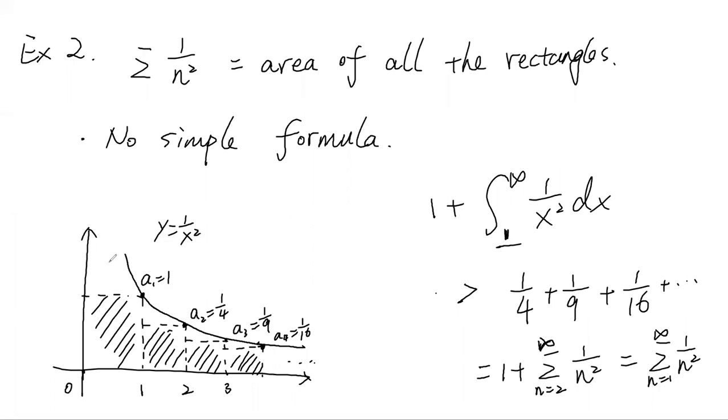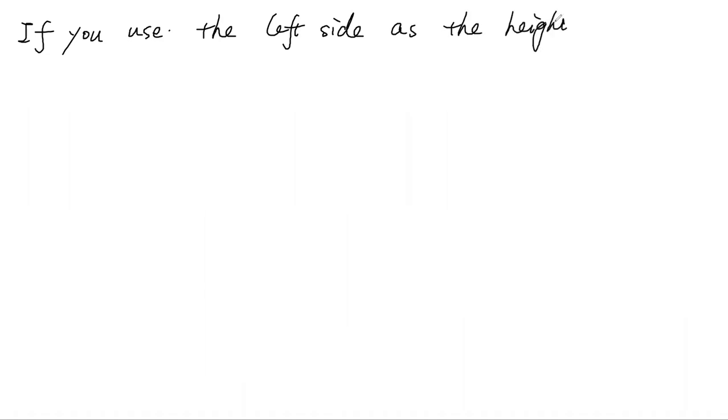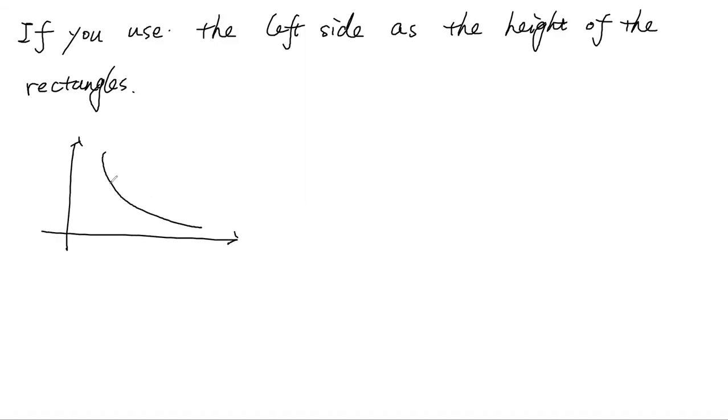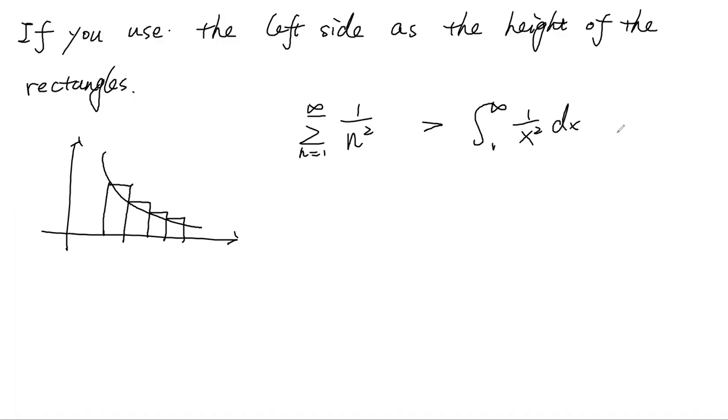The main reason is that if you use the right side as the height of the rectangles, like what we did for example 1, then the sum of 1 over n squared from 1 to infinity is greater than the integral from 1 to infinity of 1 over x squared dx. And this we just calculated is equal to 1.